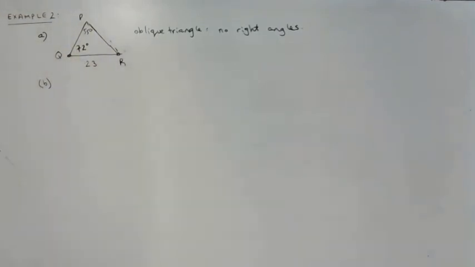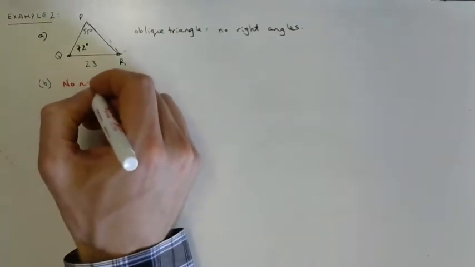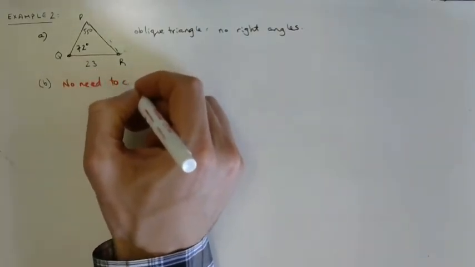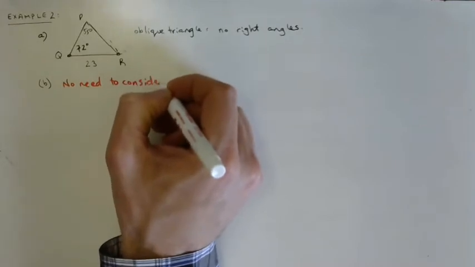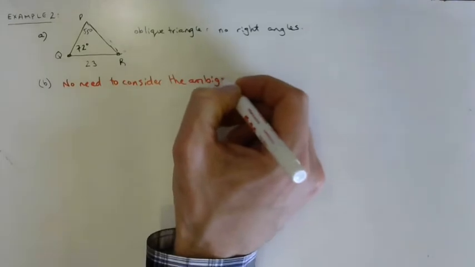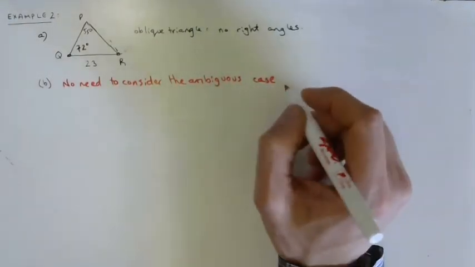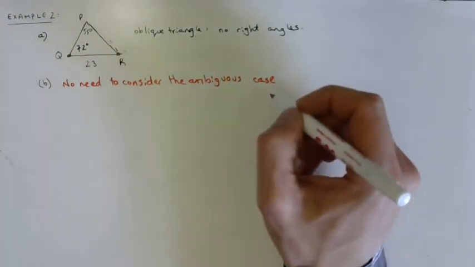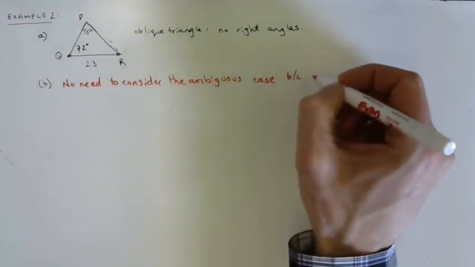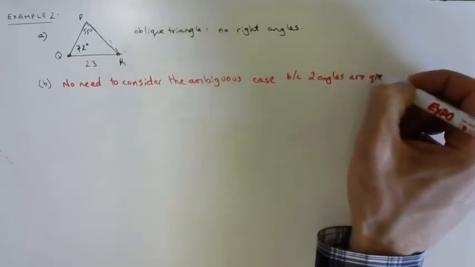So no, we do not need to consider the ambiguous case because two angles are given.